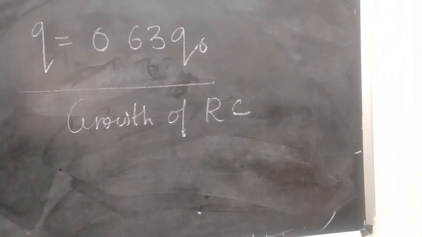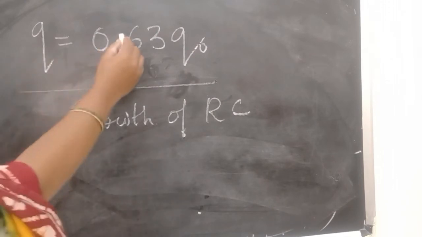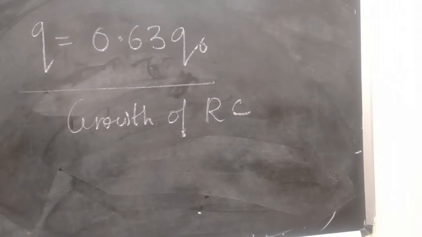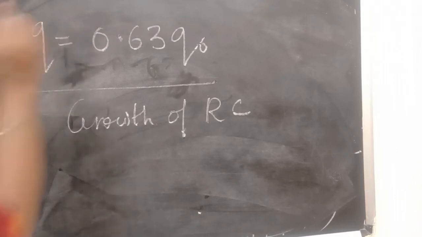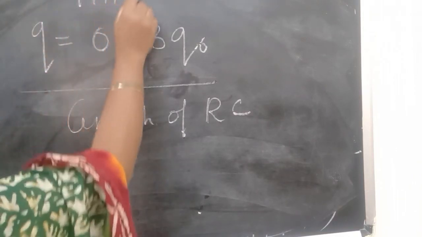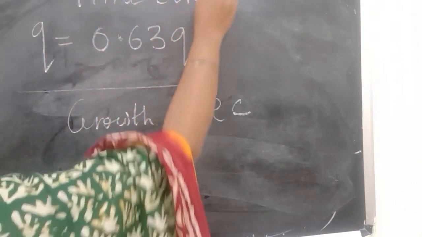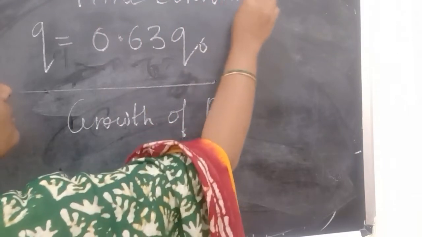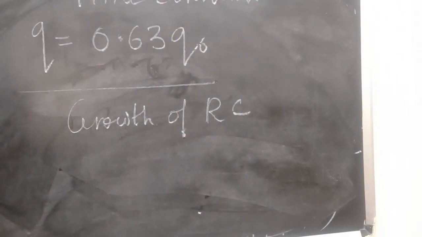Then the next formula. From this 0.63 Q naught, what you understand here is the charging is 63% of the maximum charge, and this is called the time constant, which we will be doing in our practical.